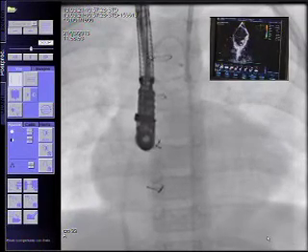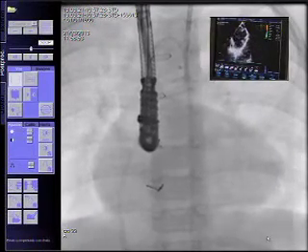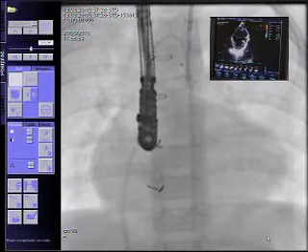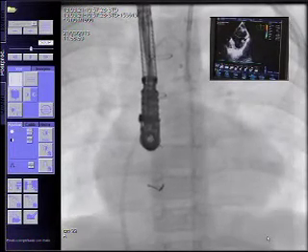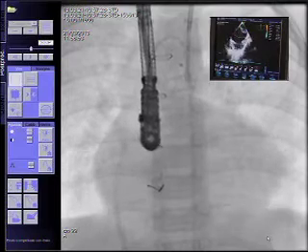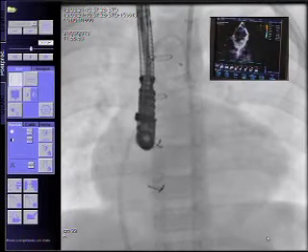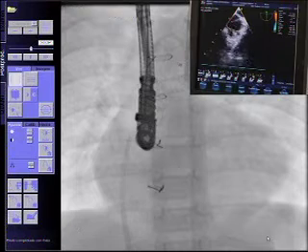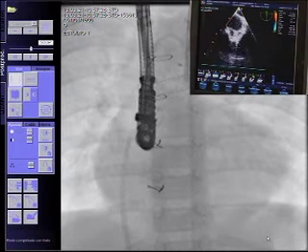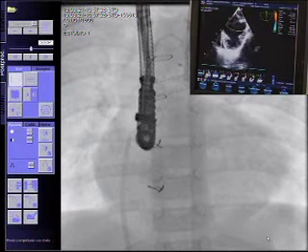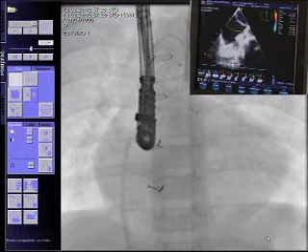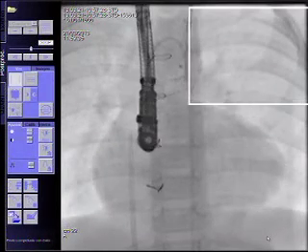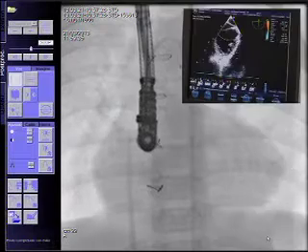I think we can see both the echo and your AP fluoro, which is fine. Okay, fantastic, thank you. So, good place on lateral, not so in AP, not in echo.